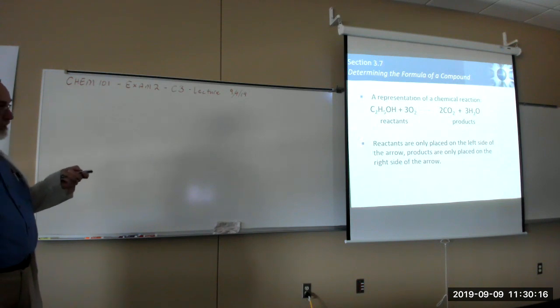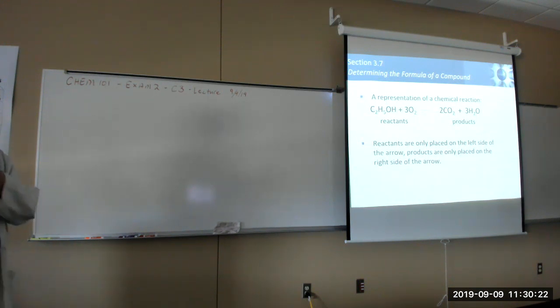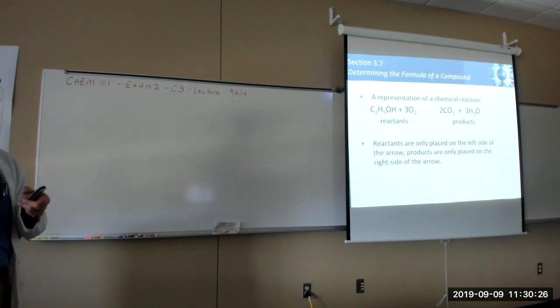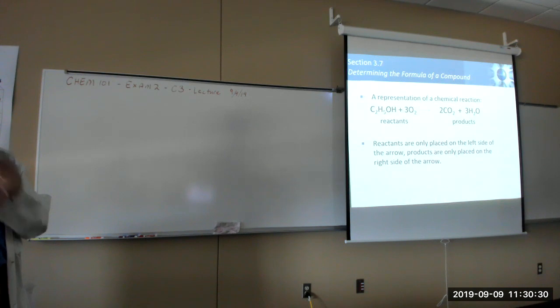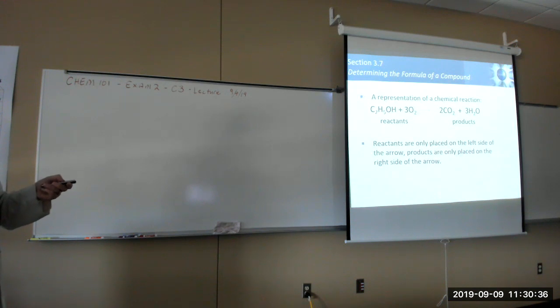You write the formula, the molecular formula here, or the elements, and then you say how many do you have of each one. A balanced chemical equation is only numbers. Numbers of things, not mass, numbers of. So 1 mole of this plus 3 moles of that yields 2 moles of this and 3 moles of that.